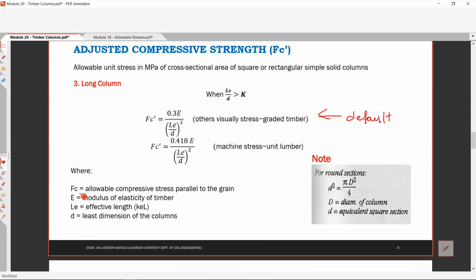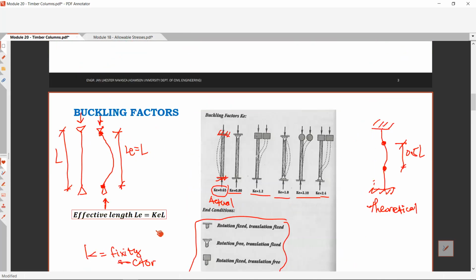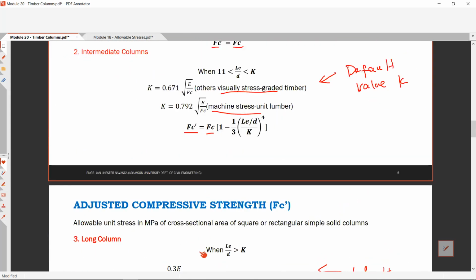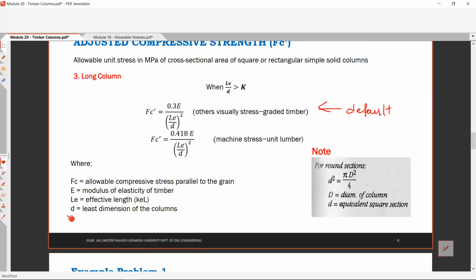So what is FC? That is your allowable compressive stress parallel to the grain, if the orientation of your column is parallel to the grain. Your E is the modulus of elasticity of your timber. The LE is the effective length, which is equal to KE times L. And D is the least dimension of the column.